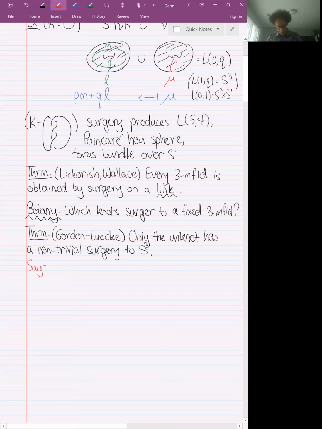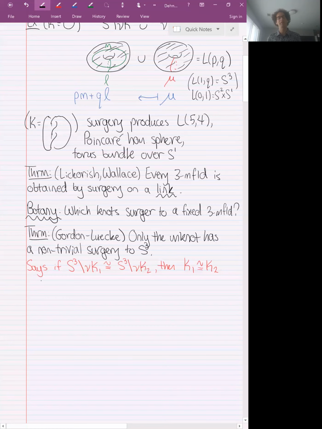If I look at a knot exterior for a knot K1 and a knot exterior for a different knot K2, and those exteriors are homeomorphic, then my knots were actually not different to begin with, they're equivalent knots. This is the so-called knot complement problem. I won't say too much about why the theorem implies this, but it's not too hard to verify that the theorem does imply this.